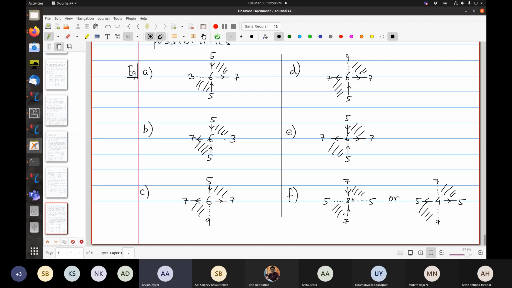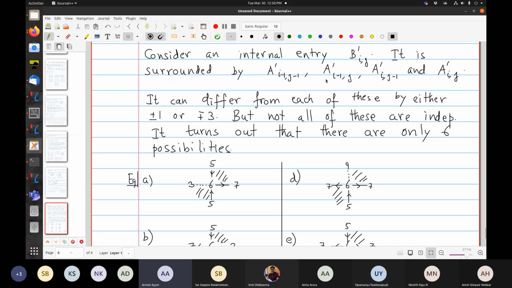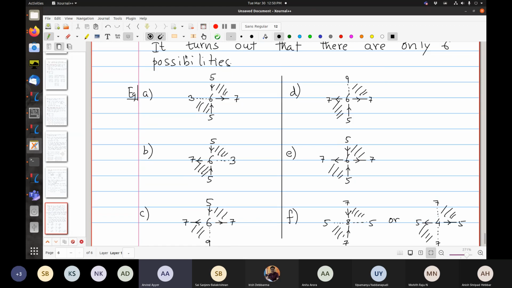Okay, so let's take stock. So these are the only 6 possibilities I claim. So what I've done is, in a sense, shown you what are the possible conditions for these 4 values. So this is the ijth entry. Remember, this is the I-1 j-1.